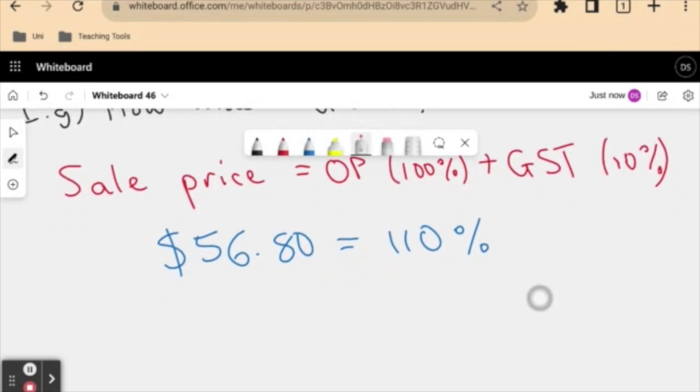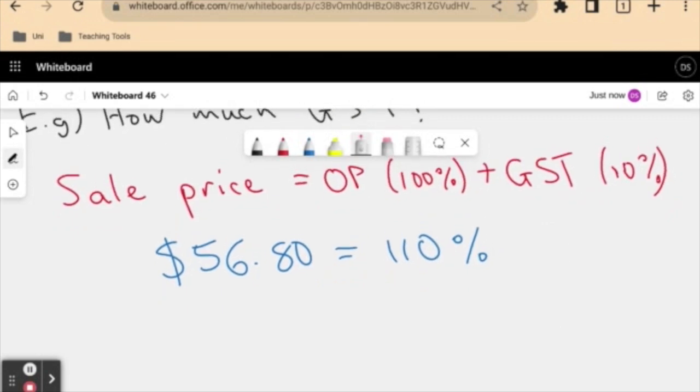Now, we can actually get to 10% here by just dividing by 11, because 11 lots of 10 gives us 110. We can do the full-on unitary method. So we can divide by 110 to give us 1% and then just multiply it by 10 to give us 10%.